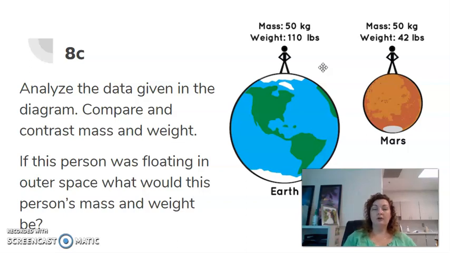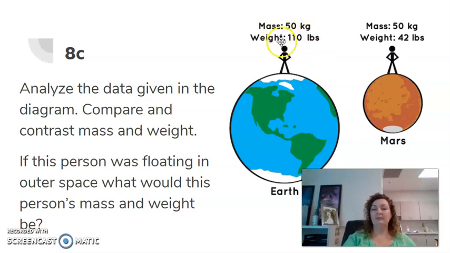Okay, so gravity is really between two objects. In this case, it's between the guy and the planet, right? Because Earth has such a large mass, it's pulling down on the person so much more. So the gravitational pull is definitely increased. And our weight is just our mass times the gravitational pull on us.